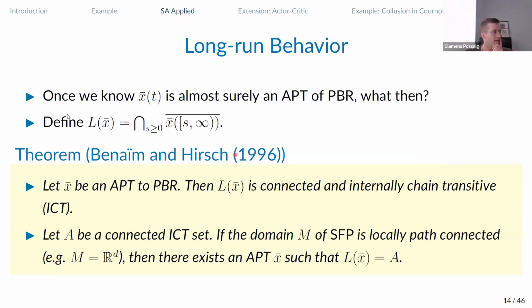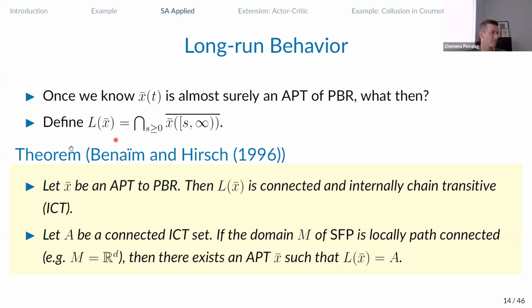So let's define L of x bar to be the set of convergent subsequences of an asymptotic pseudo trajectory x bar. So these are all the lim sups and lim infs of this x bar. Here on the right-hand side, what I'm defining is x bar taking from some starting value s to infinity, take the closure of that set and intersect it over all s, so you get all the lim sups and lim infs.